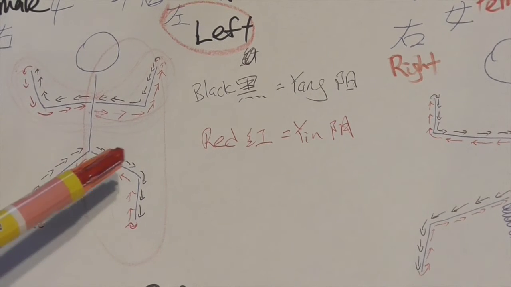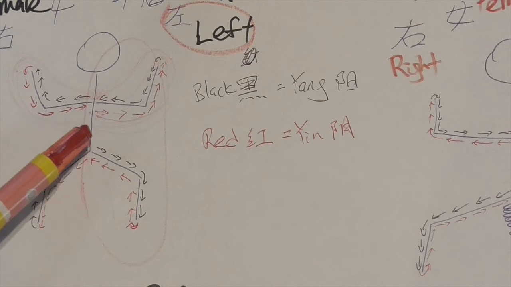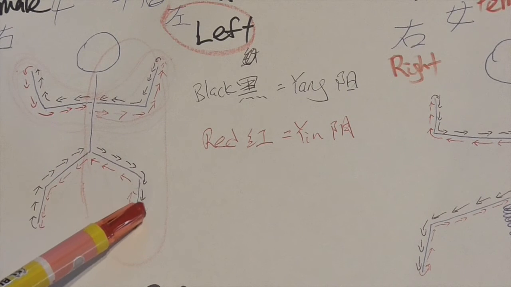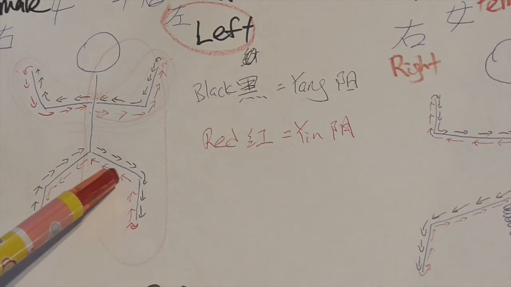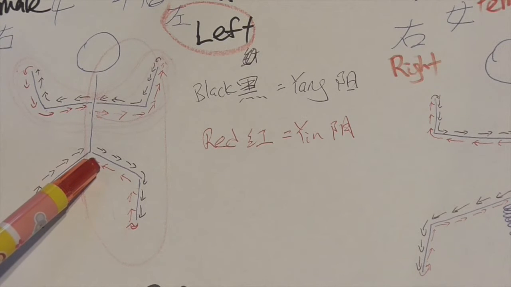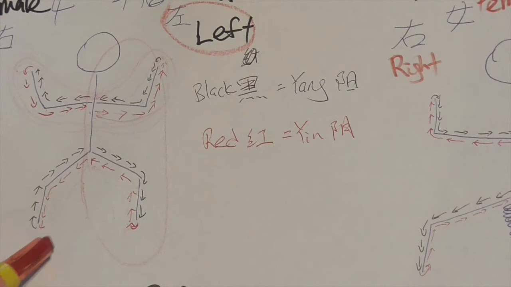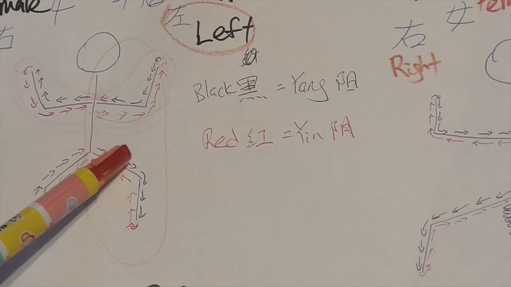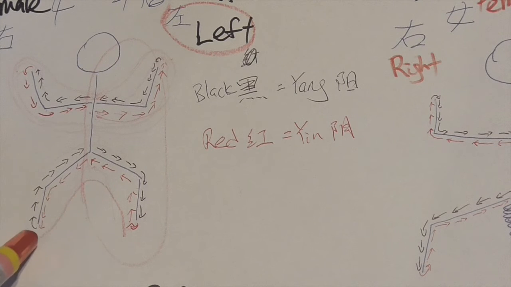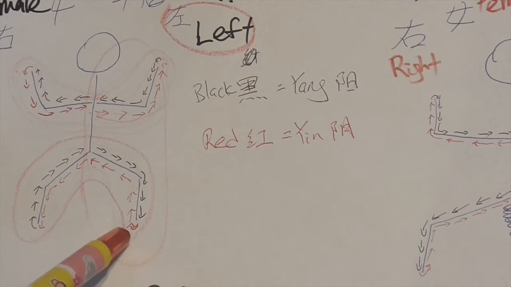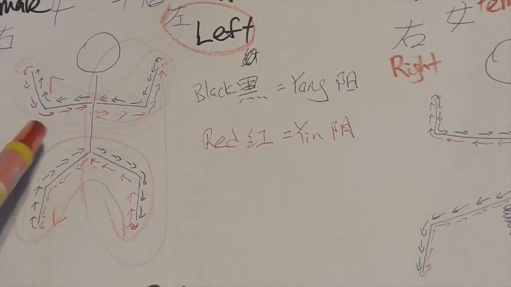You see, so you just have to memorize on the left side, yang meridian go down to the foot, connect to yin meridian go up to the trunks, and keep going yin meridian from the trunks down to the foot, and then connect to yang meridian go up to the trunks and connect to the other side, go up. Okay, so you see, it's a circle. That circle is going to that side.